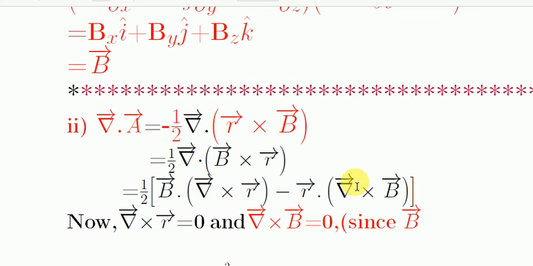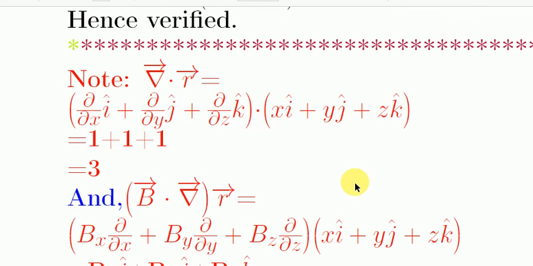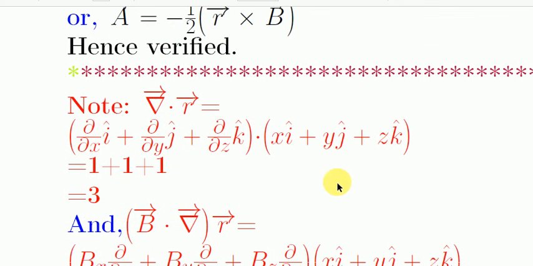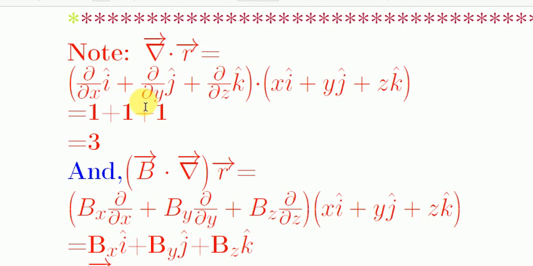So this was the first and second part of this problem, and I told that I will discuss how del dot R equal to 3 and how B dot del times R equal to B. So let us see this note.